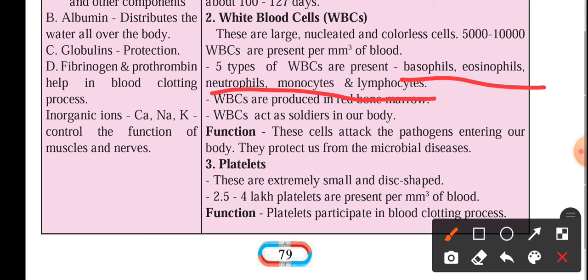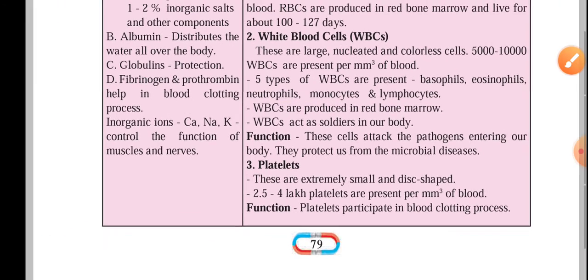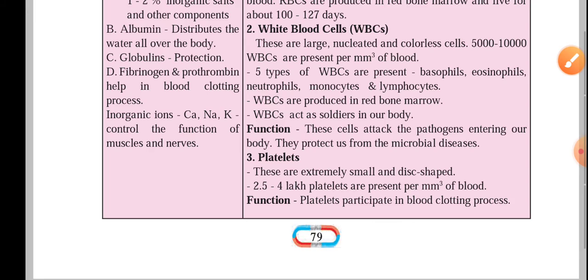The next part of the blood cells is the platelets. These are extremely small and disc shaped. 2.5 to 4 lakh platelets are present per cubic millimeter of blood. The platelets participate in the blood clotting process. So this is about the blood.